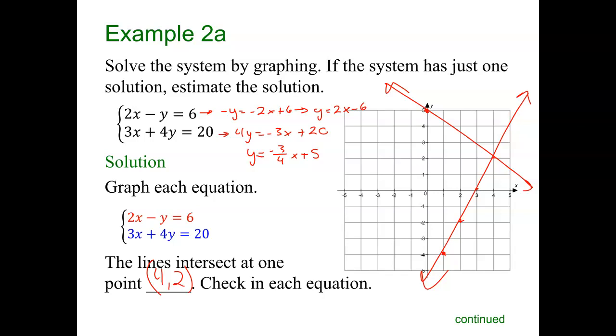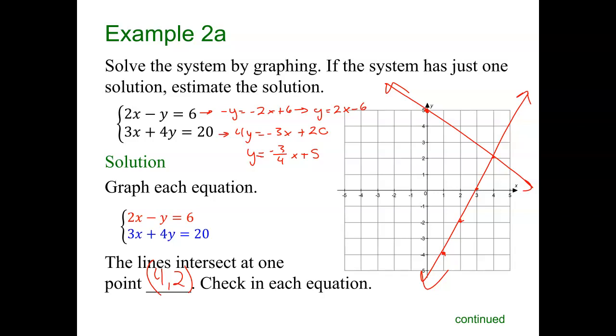Let's say you got (4, 1). Then (4, 1) isn't a solution, and so either you messed up in rewriting your equations, so I would check to make sure that your equations are good. I'm just saying because if you get like (4, 1) instead of (4, 2) on the graph, that really matters. So if you get the point and you plug it back in and it's not correct, first thing to do is check your equations, make sure they're good.